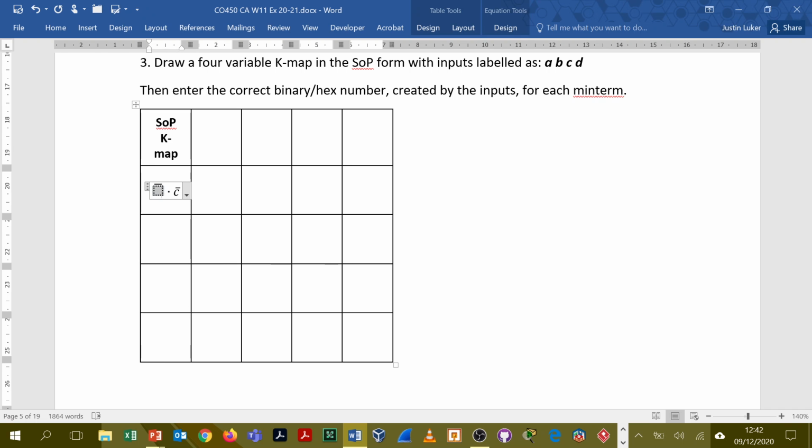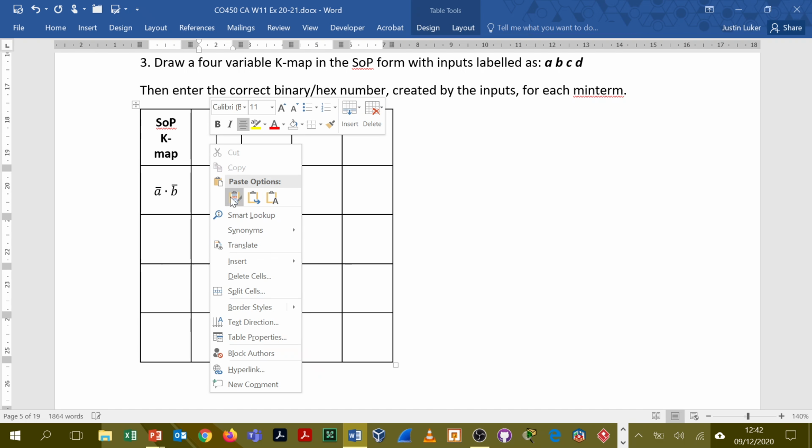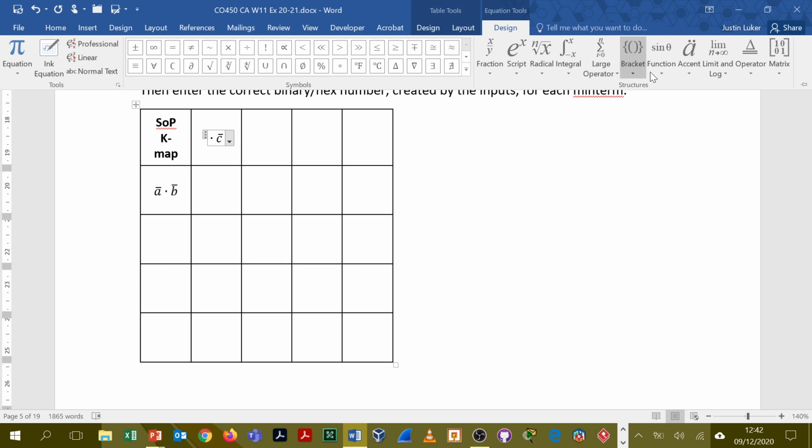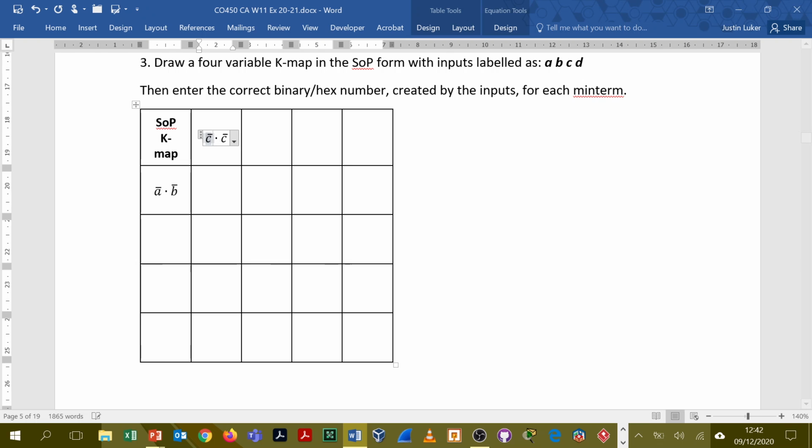So we start off with A and not B. And then we do C, not C, and not C and D and not D. There we go.